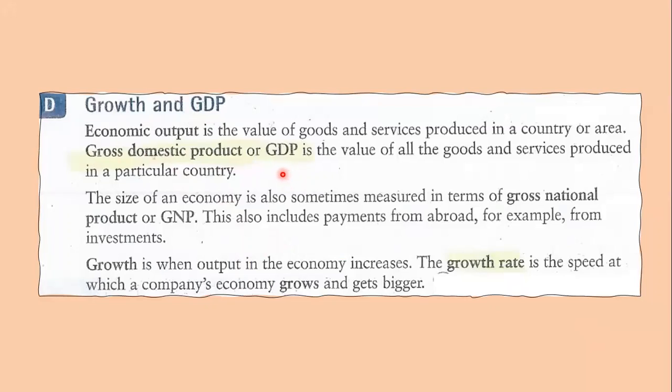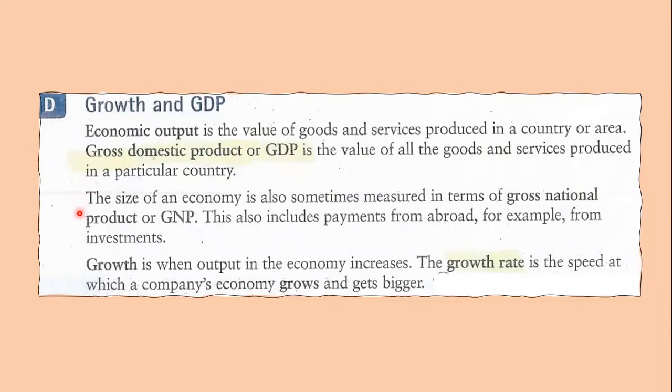So that's Gross Domestic Product or GDP. So economic output is the value of goods and services produced in a country or area. That's the output, the production. Output is another way to say production. It is the value of all the goods and services produced in a particular country. That's the GDP or PIB.